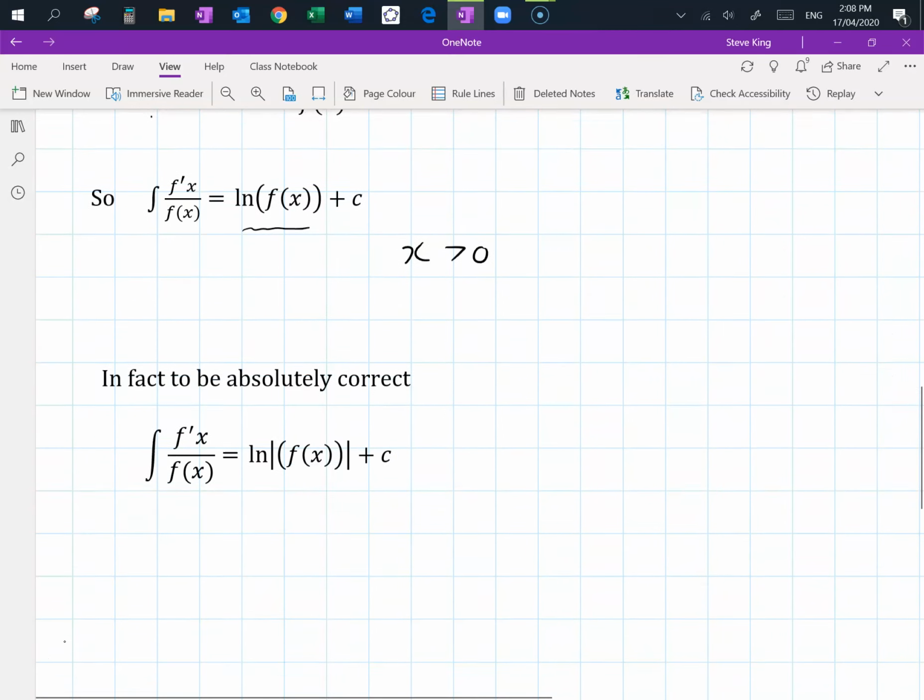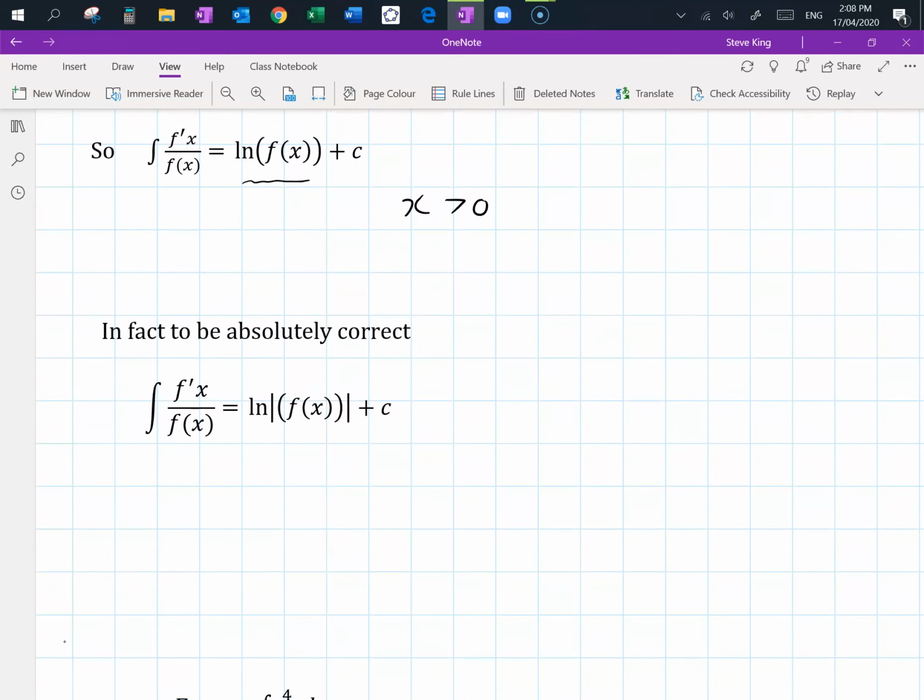So to take care of that situation, we put an absolute value sign around that function f of x to ensure that we're talking about the ln of a positive amount, a positive function.